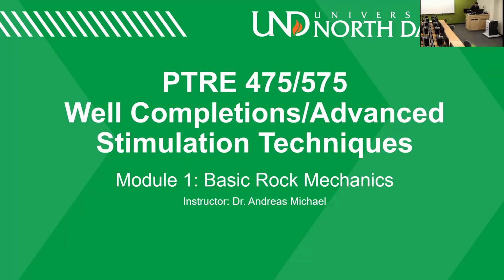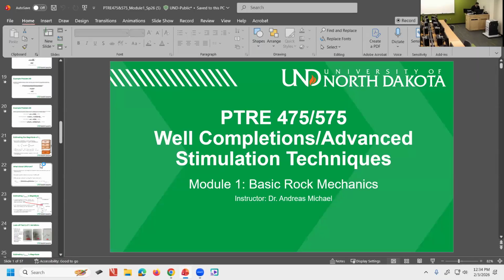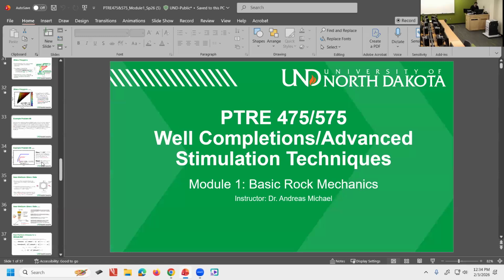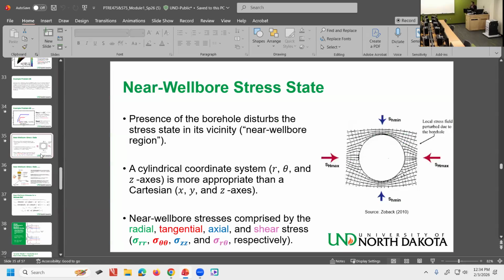Anyway, last time we went through the very important topic of near wellbore stresses. We said that when you have a wellbore, you remove rock and replace it with fluid, and therefore you disturb the stress field surrounding the wellbore. So near the wellbore you don't have what you had before, like SV, SH max, SH min.